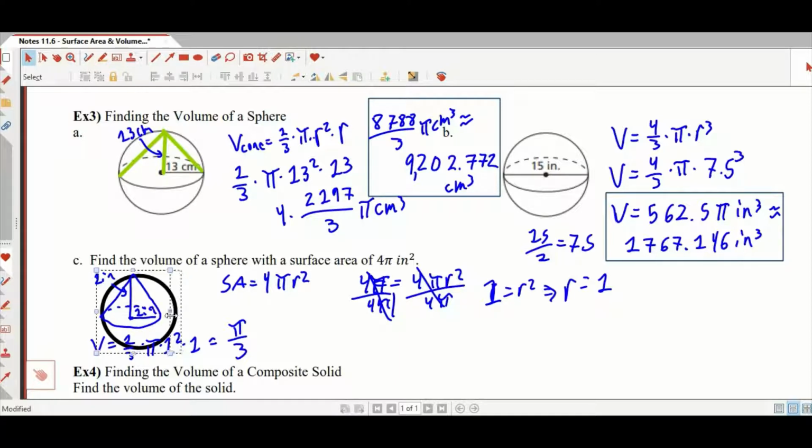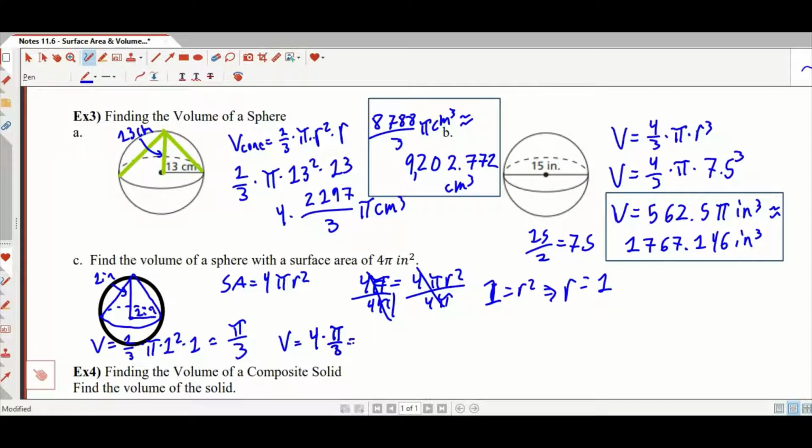Having a hard time drawing my sphere today. You get the idea. And so we're going to find the volume of the sphere is equal to 4 times pi thirds, which is 4/3 pi inches cubed, which if you actually do 4 divided by 3 times your pi is about 4.189 inches cubed.